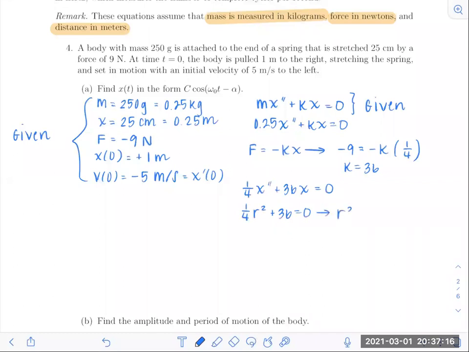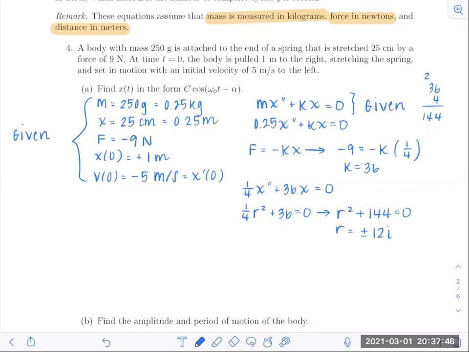So this gives me r squared plus, let's do this in the margin, 36 times 4, 24, carry the 2, 12, 144. And so I have the sum of two squares. I know that my roots are going to be imaginary, and the square root of 144 is 12. So we get plus or minus 12i. Again, that i is coming from the fact that we will be subtracting that 144 over and taking the square root of a negative number.